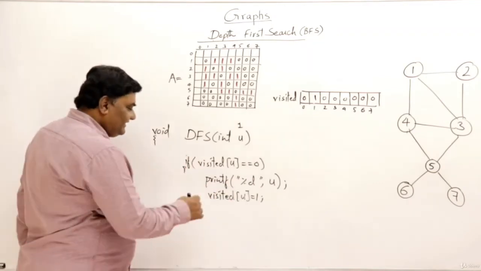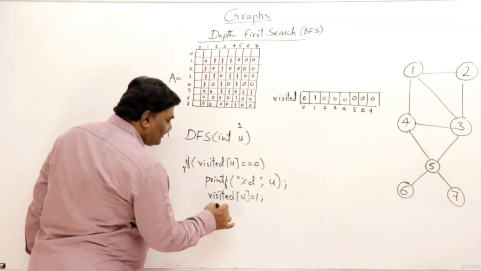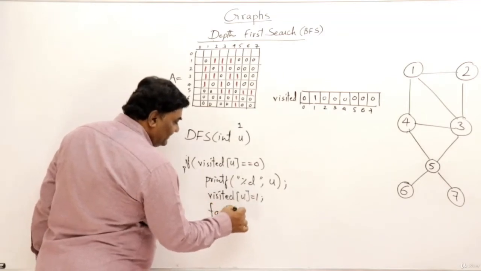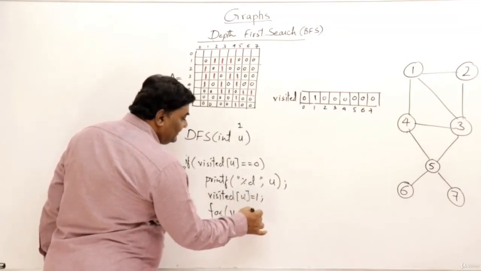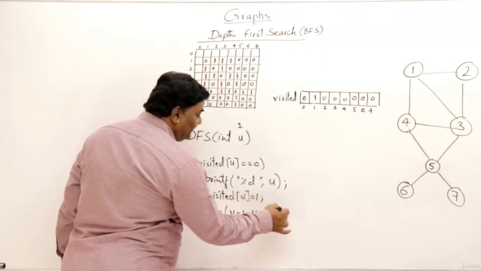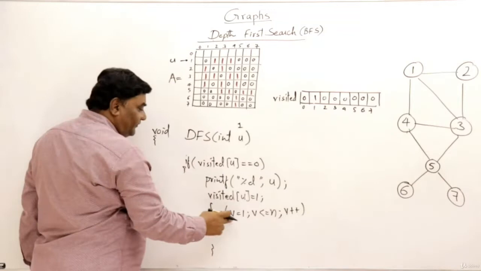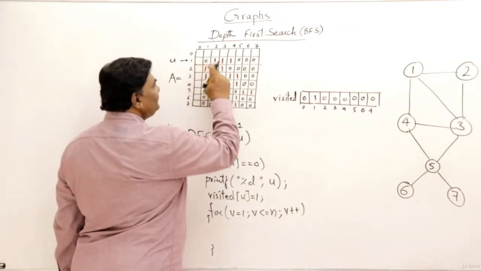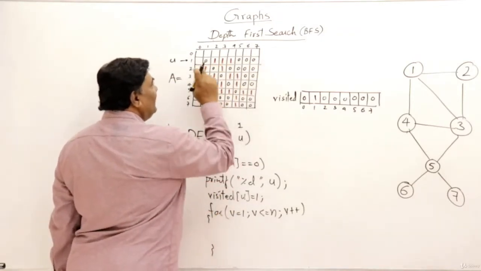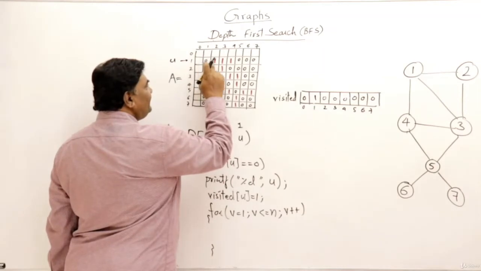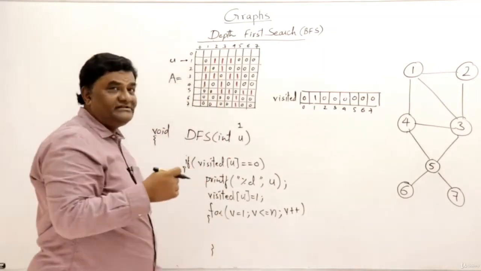For that, I need a for loop. For v assigned 1, v less than or equal to n, where n is the number of vertices, v plus plus. Then this for loop will go through all the elements in this first row. For every element we should check whether it is 0 or 1. If it is 1, then it's an edge.